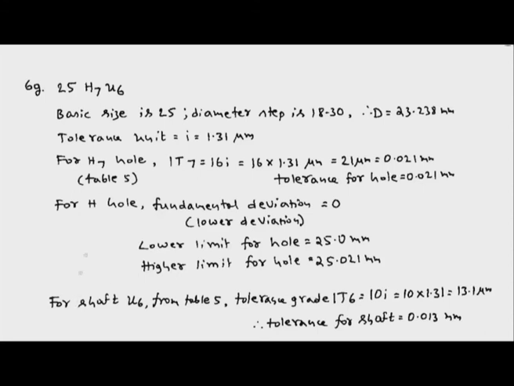Now moving to the shaft U6, from table number 5 the tolerance grade suggested is IT6. So IT6 is equal to 10 times I. So the tolerance value for the shaft is 0.013 millimeter.